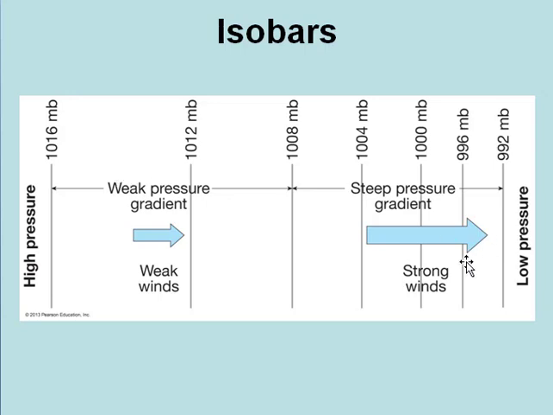But now we go all the way to the right hand side, and here we see that we have 996 millibars versus 992 millibars, and yes, that's only a 4 millibar difference, but you see the space between these isobars is smaller. So that means that pressure, even though it's changing only by 4 millibars in both examples, is changing quite fast, and therefore that is a steep pressure gradient, and that means that winds are relatively stronger.